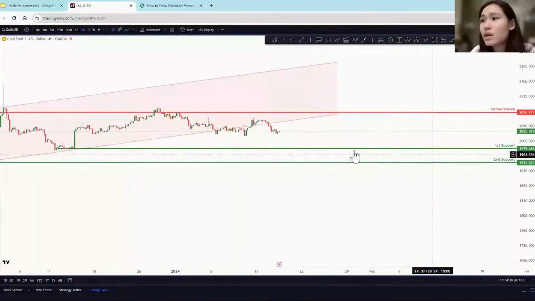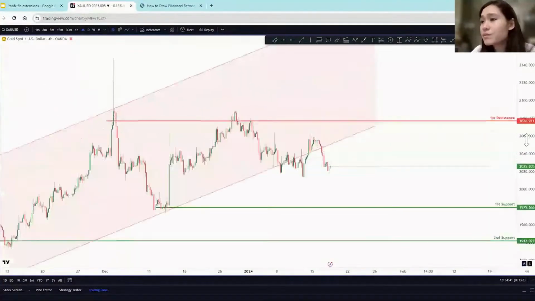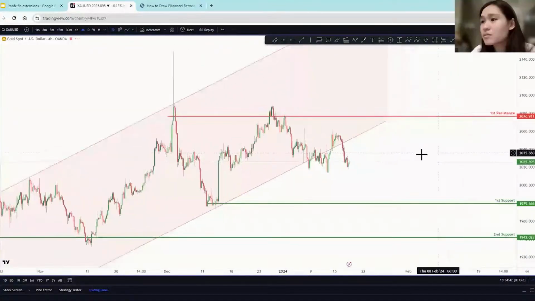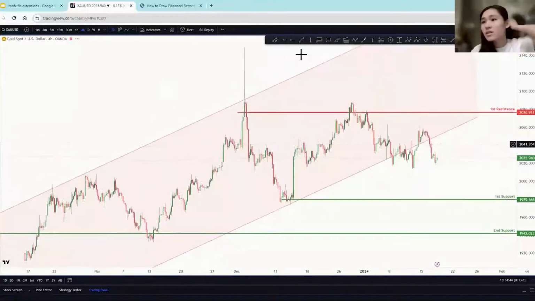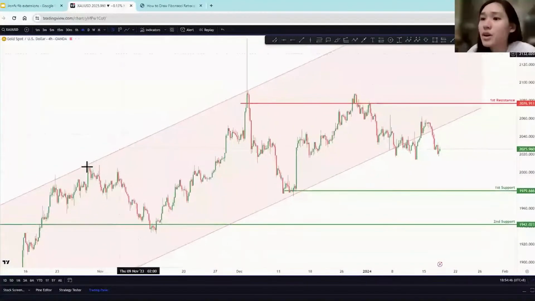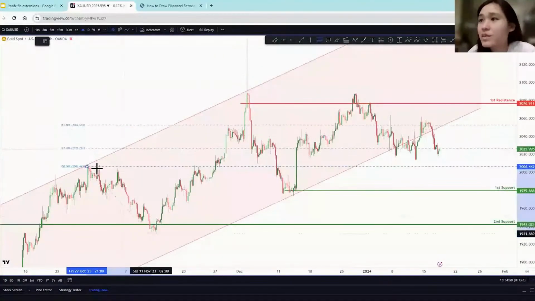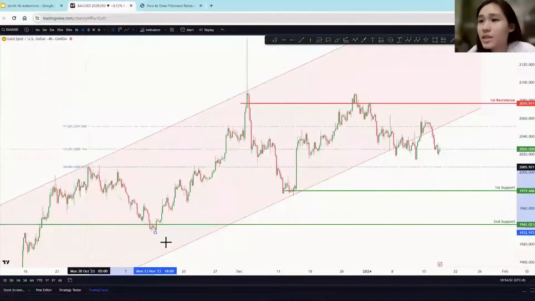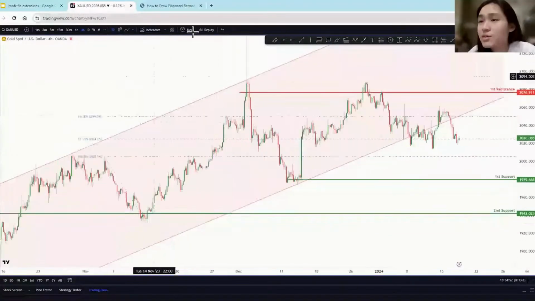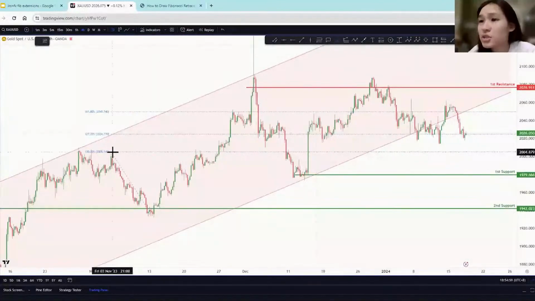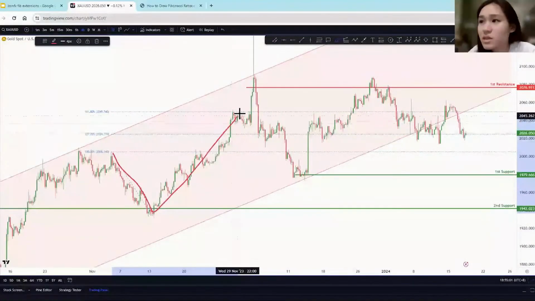Okay, on our 4-hour time frame, I'll just show you guys an example of a Nike tick again. Here, you can kind of see this Nike shape or tick shape, and you can see it bouncing off of the 161.8.